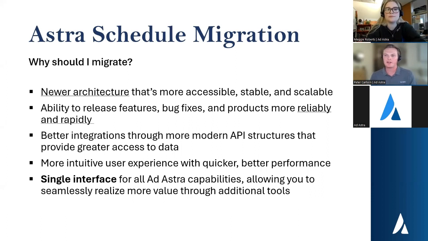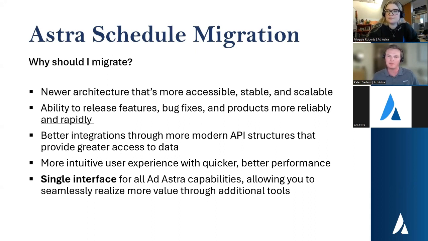So why should I migrate? So first and foremost, newer architecture. It is a modern SaaS software that is more accessible, stable, and scalable, where we will be able to release features and bug fixes and products more reliably and rapidly. Again, not only are you getting a more user-friendly UI, more of that modern feel within the event solution and the academic solution, but we're also going to be able to make those adjustments and keep continuing to better the product day by day.